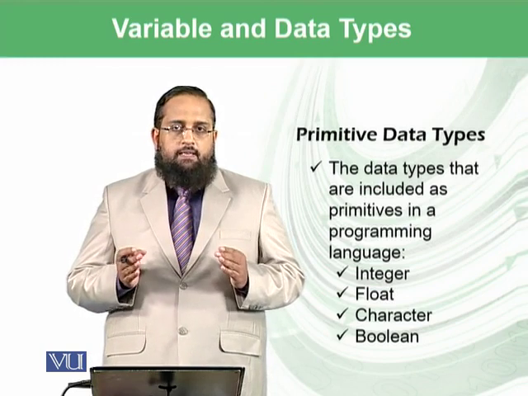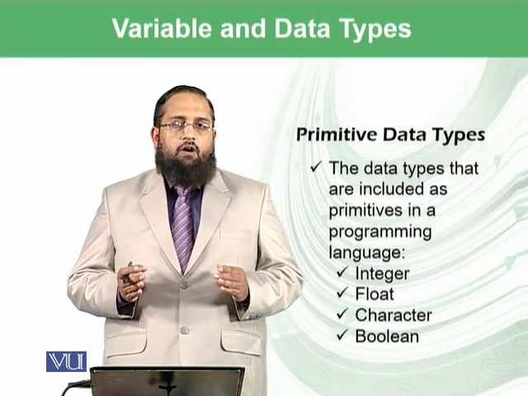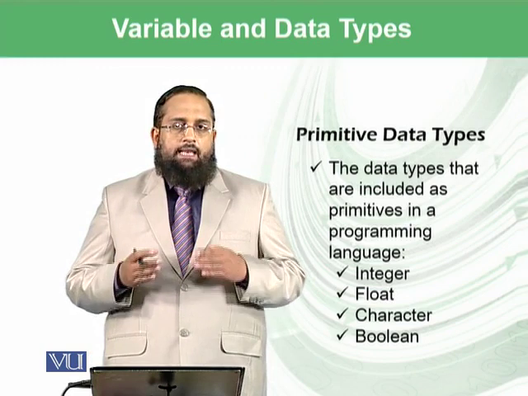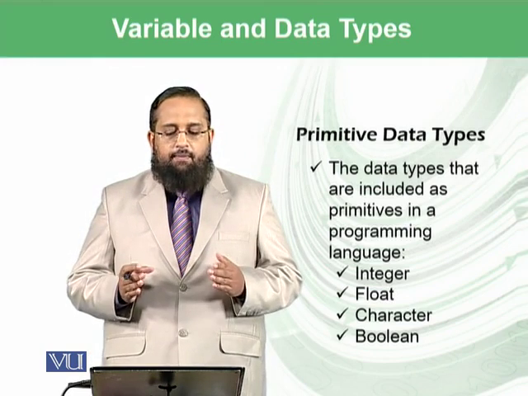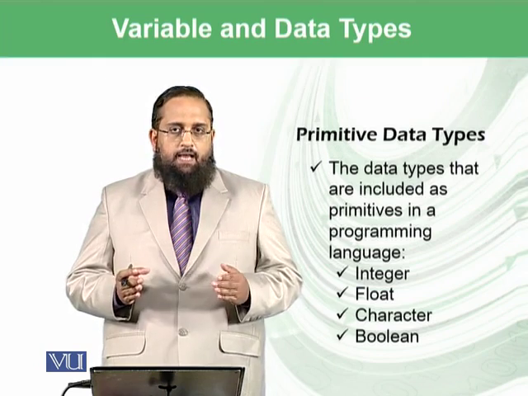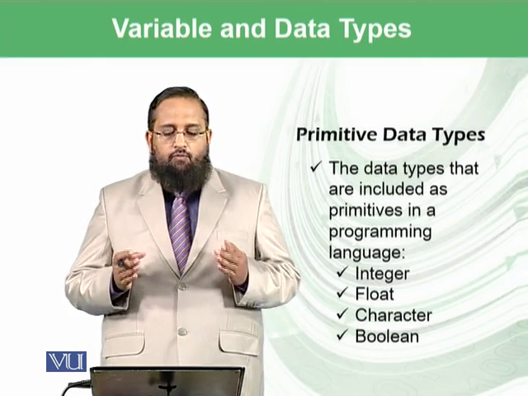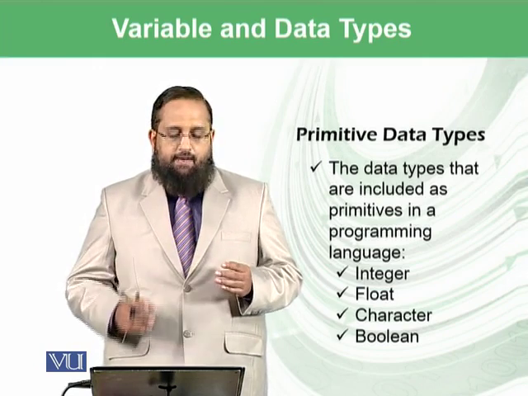So there are some primitive data types which are normally available in all of the languages. The data types that are included as primitives in a programming language are normally integer, float, character and boolean data types.